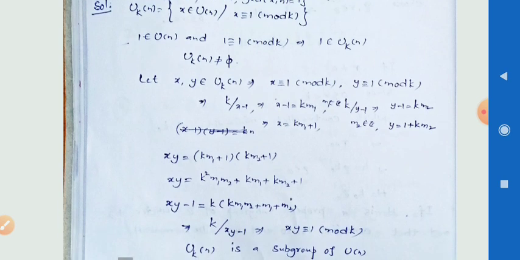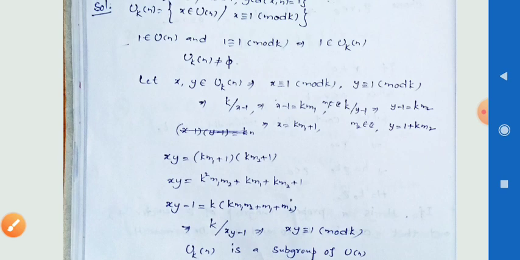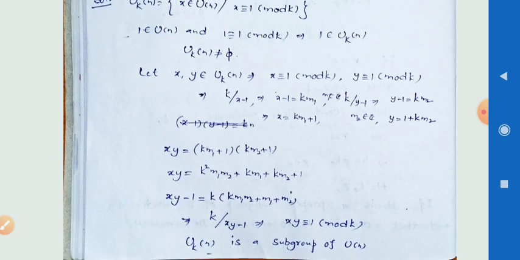Now taking the 1 to the left hand side, we get x y minus 1 is equal to k into (k m1 m2 plus m1 plus m2). This can be written as k divides x y minus 1, which can also be written as x y congruent to 1 mod k. Therefore U_k(n) is a subgroup of U(n).